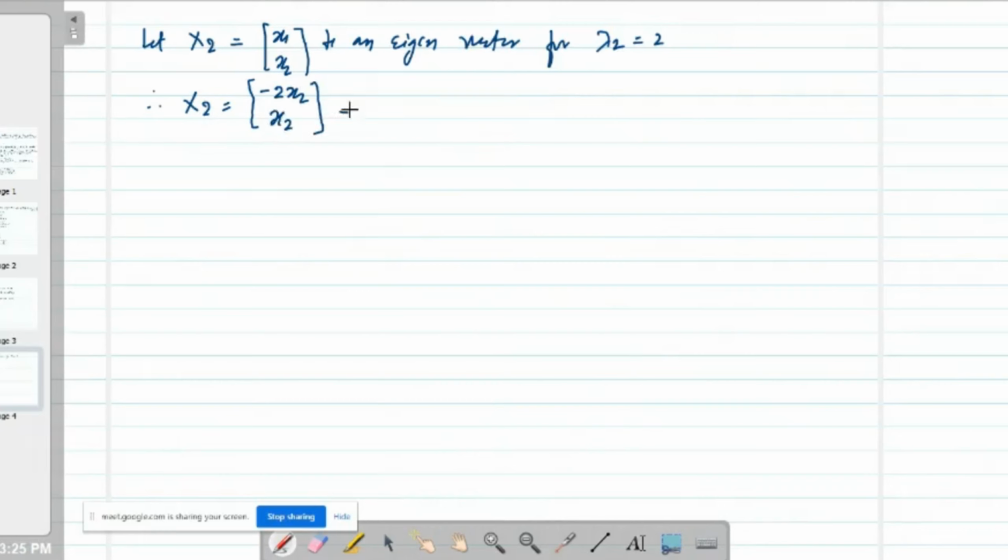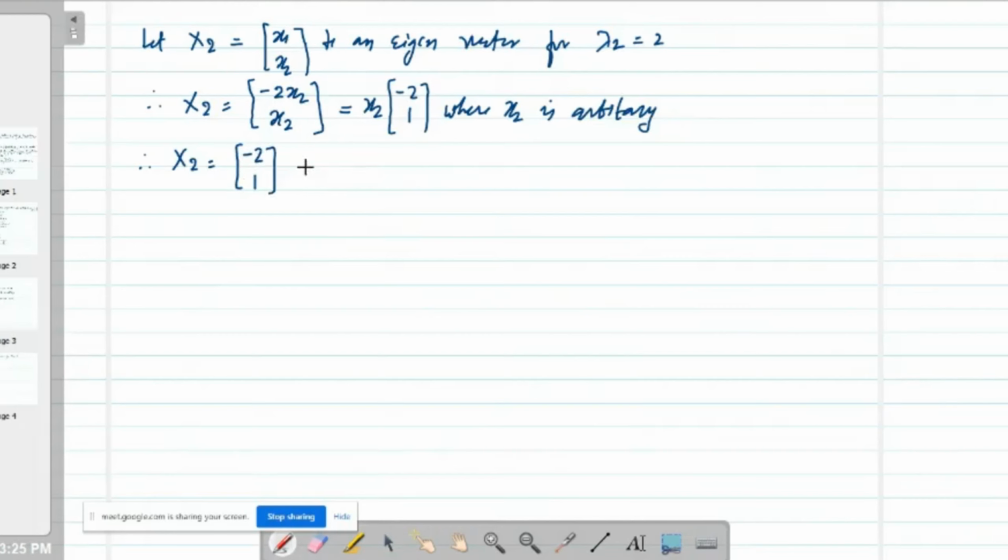And this equal to, taking x2 outside as common, minus 2, 1, where x2 is arbitrary. Arbitrary means you are free to choose any value. So minus 2, 1 is an eigenvector for eigenvalue lambda 2 equal to 2.